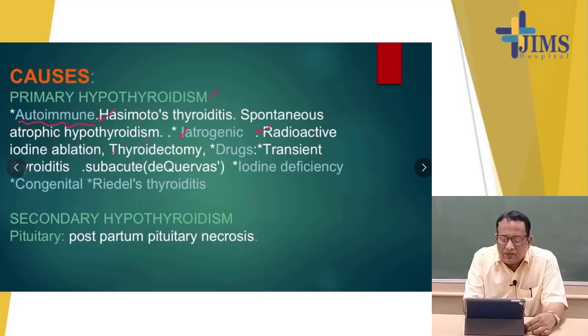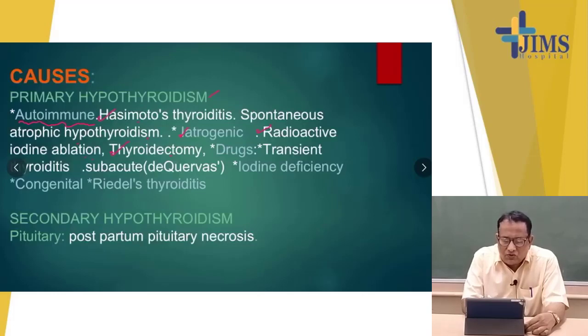Or there is partial thyroidectomy, after which there is less amount of thyroid hormones, so it is caused by this operation, post-operative hypothyroidism. Or we are giving some drugs that will cause transient hypothyroidism, amiodarone or other drugs. So these are three iatrogenic causes: one is radioactive ablation, then thyroidectomy, then drugs.